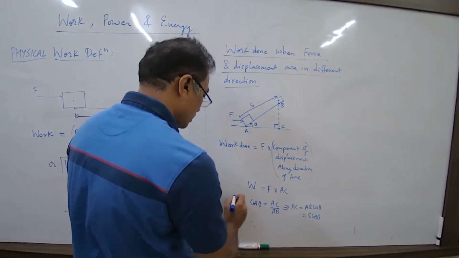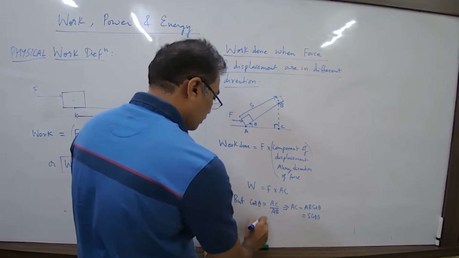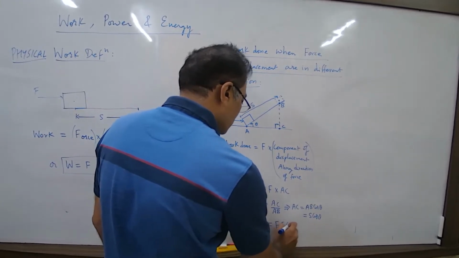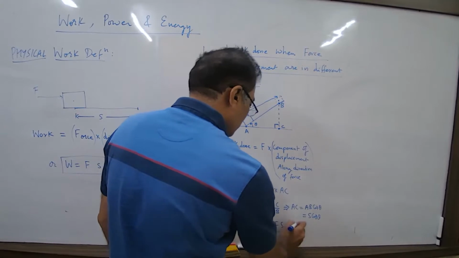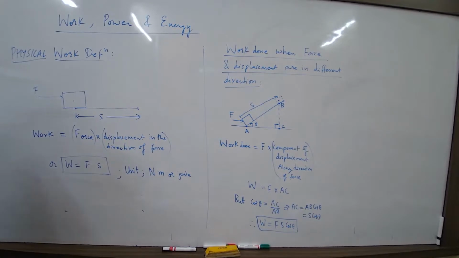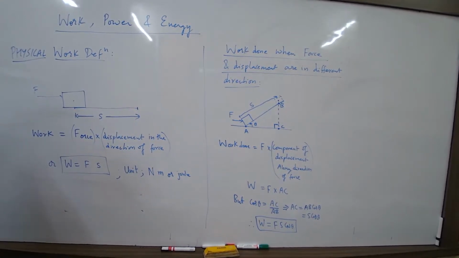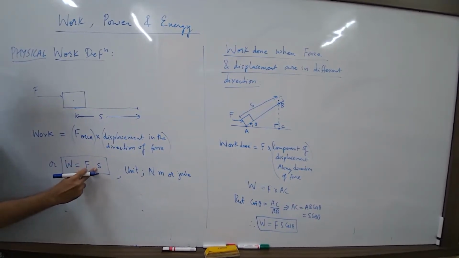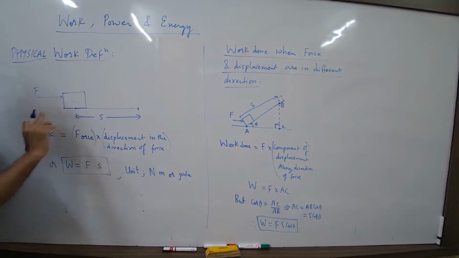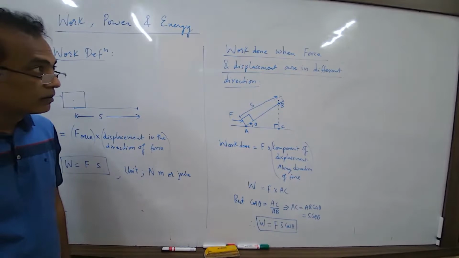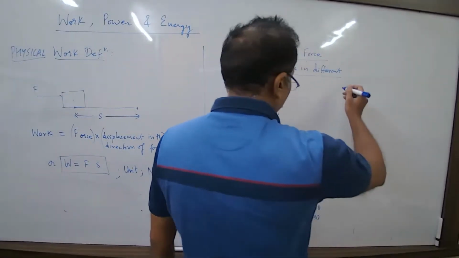It's important. So W is equal to F S cos theta. So this is a more general definition for work. Work done is not only force times displacement, it is force times displacement into the cosine of the angle between force and displacement. Are you familiar with cos theta, sin theta? Because in CBSE, I think it is introduced in 10th.